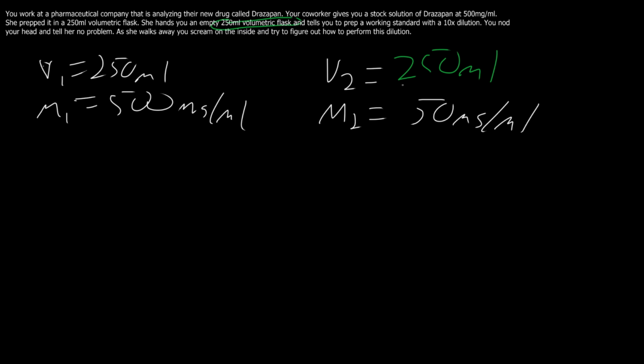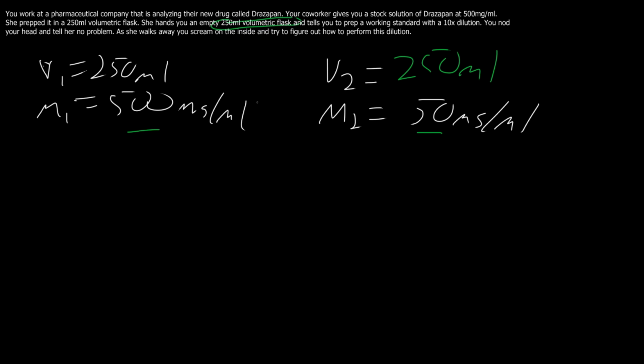So she starts with this 250 milliliters for V2. So now we got to realize, okay, we got to solve for what? So looking at this problem, what can we change? Well, the concentration went from 500 to 50, so this seems right, but our volume goes from 250 to 250.